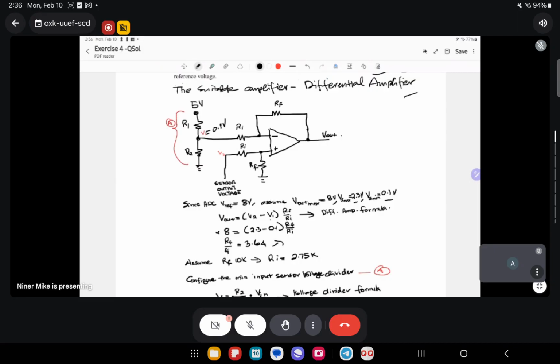From this you can calculate the gain, because RF over RI is equal to gain. But you just need to specify the values of RI and RF. RF is the feedback resistor, RI is the input resistor. If you assume 10K, you get the other value from RI.